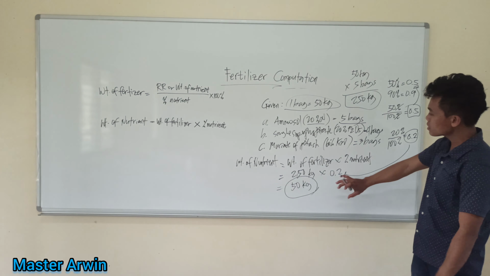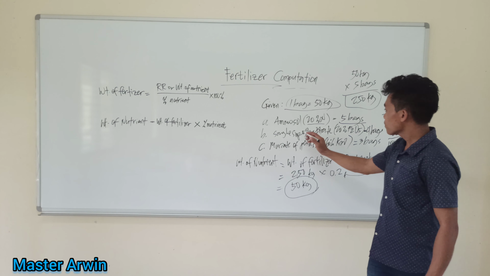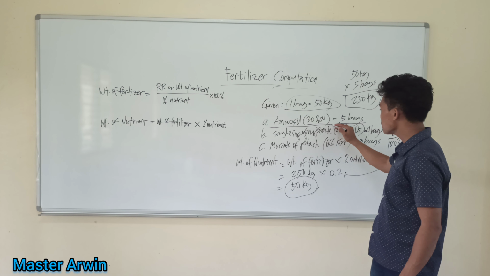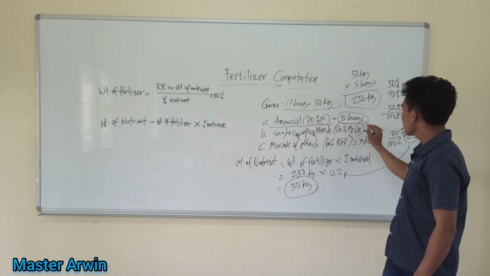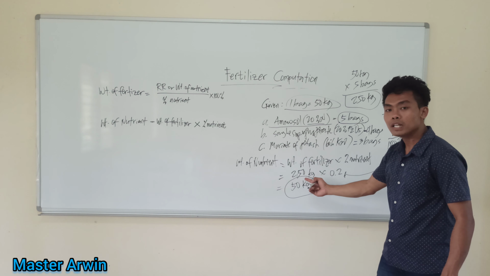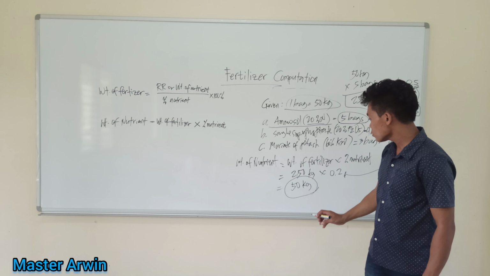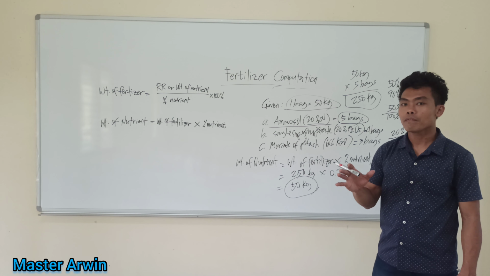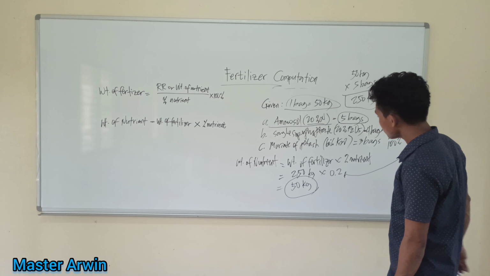Okay, this means that if you apply this fertilizer, ammonium sulfate, in the soil, having a weight of 5 bags or 250 kilograms, that means that you also apply 50 kilograms of nitrogen to the soil.